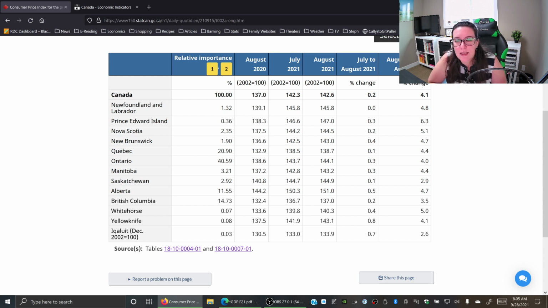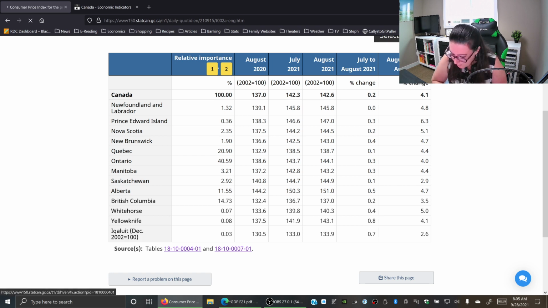Now we can also see the year over year, so it'll actually calculate the inflation rate for us. We can see from August 2020 to August 2021 the two CPIs. We could do new minus old divided by old times 100, and we should get 4.1%.